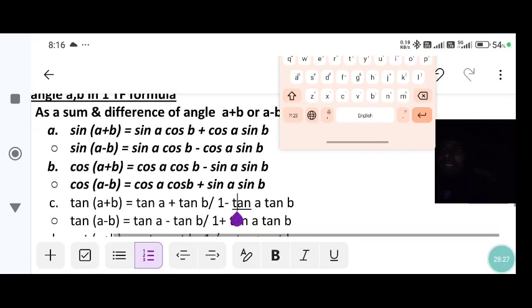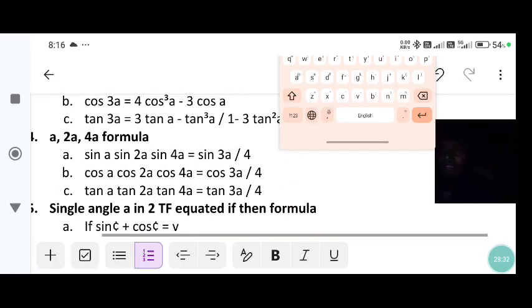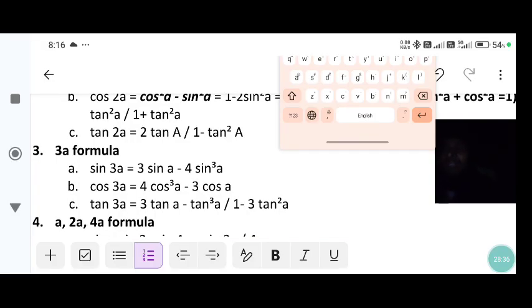Coming back again, is there any other tan here to refer to as an analogy? Then we have tan 3a. It is important: it is 3 tan a minus tan cube a divided by 1 minus 3 tan square a.